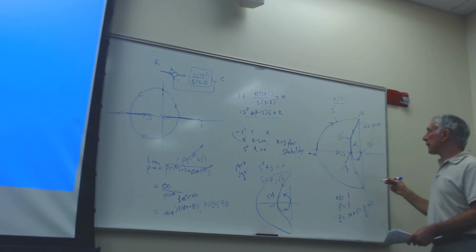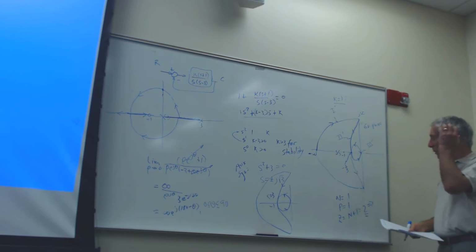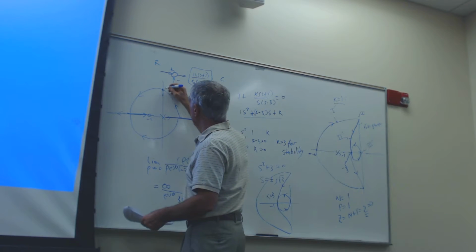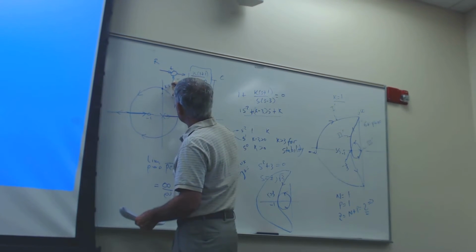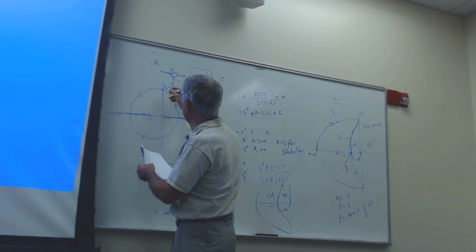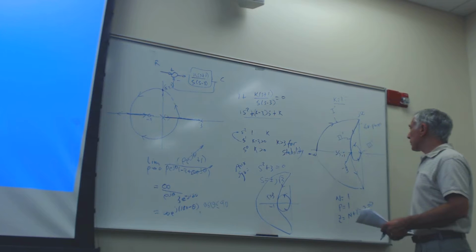And if the gain k is greater than 3, you can see from the root locus here, k is equal to 3 at this point. If the gain k is greater than 3, you've got a stable closed loop system.